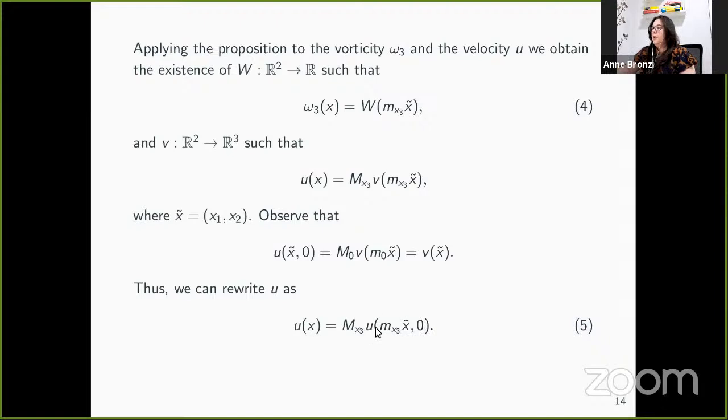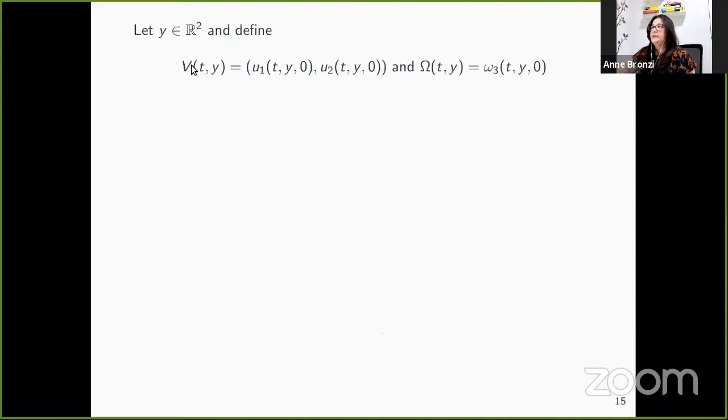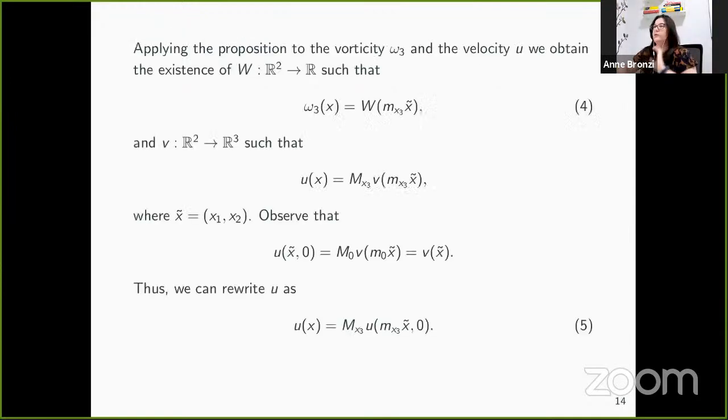So if you call V the first two components applied just to the first two variables and put a 0 on the third variable, so you are on the plane, so you have the information on just the first two components of the vector field U, only on the plane, then you can recover the whole velocity field U.